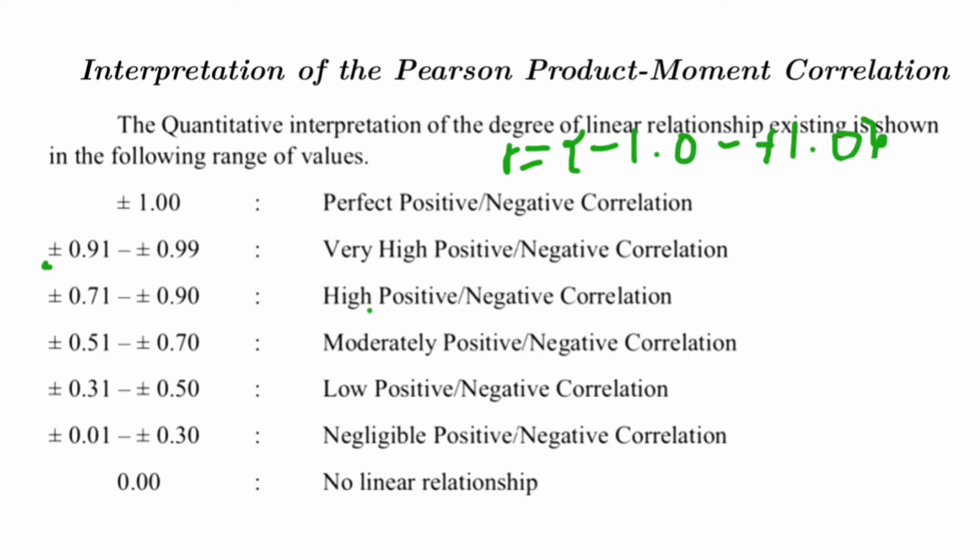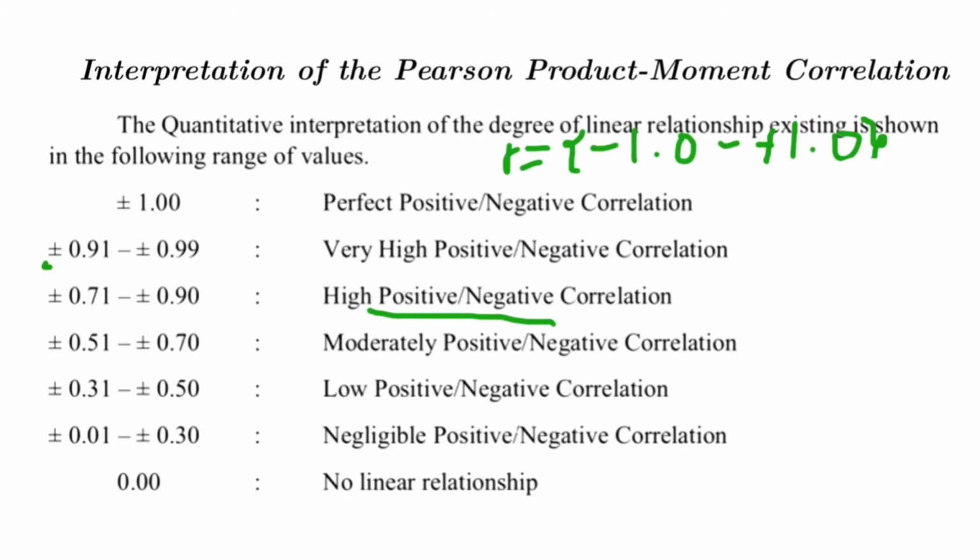Okay, next we have this positive or negative 0.91 to positive or negative 0.99. It is very high correlation, whether positive or negative. Positive or negative 0.71 to positive or negative 0.90, it is high correlation. Again, positive, negative. Alin sa dalawa dyan, depende sa pag-compute.